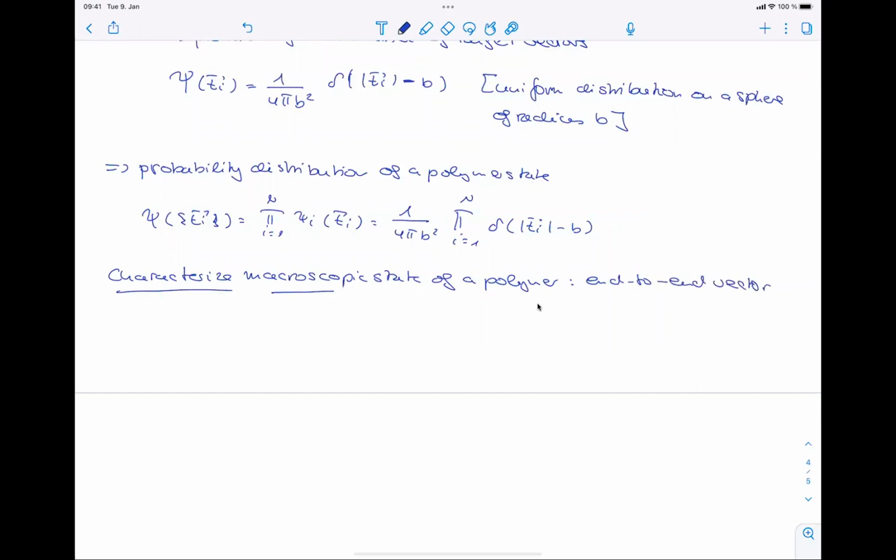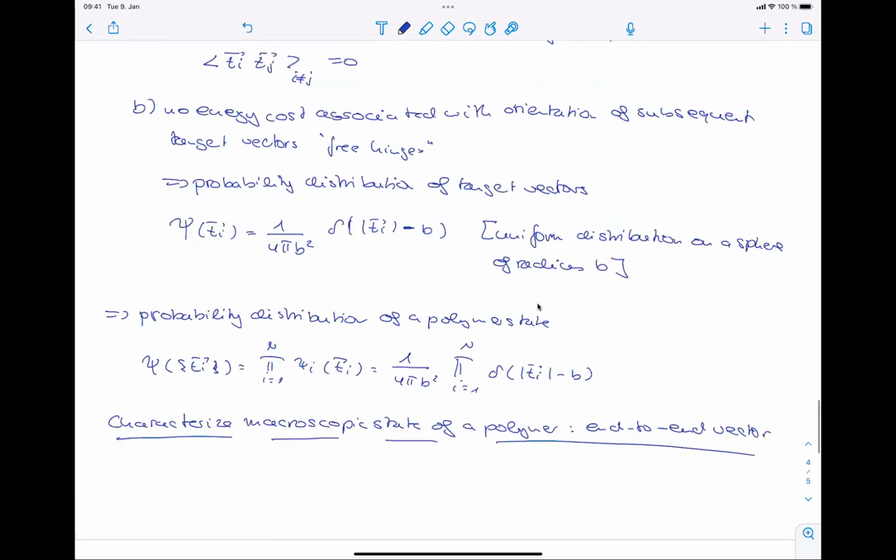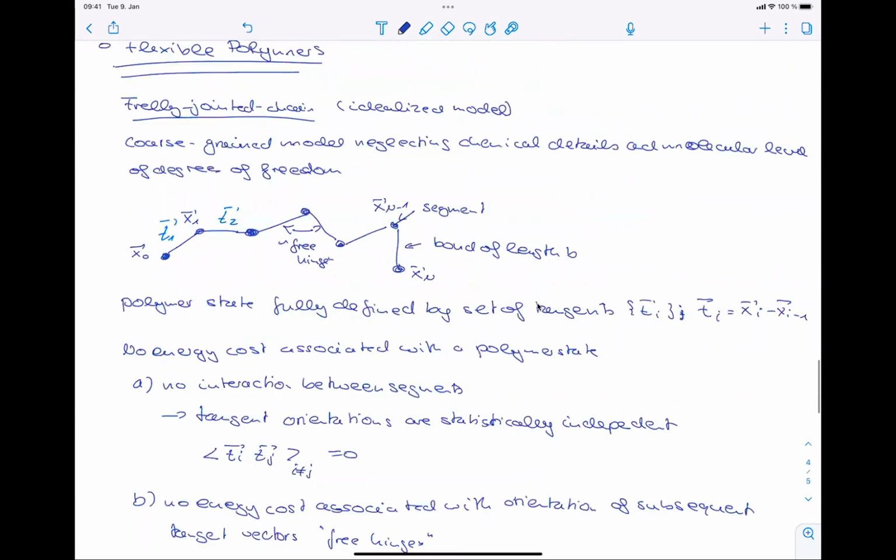We'll revisit it multiple times. So what does it mean? An end-to-end vector is the vector between the first and the last segment, monomeric unit, that I denote R. That's the end-to-end vector.